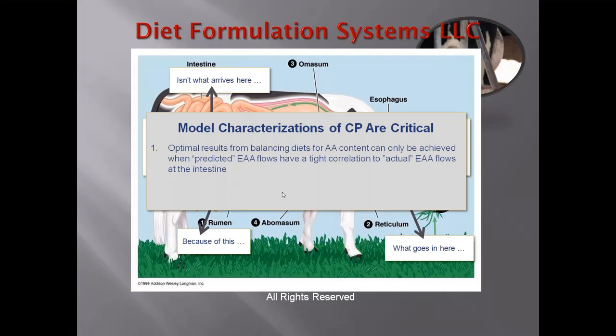In other words, they have to be very reflective of what actually ends up at the intestine in terms of essential amino acids. Model characterizations of crude protein are absolutely essential to achieving that kind of tight correlation. It's not possible to achieve it without that.